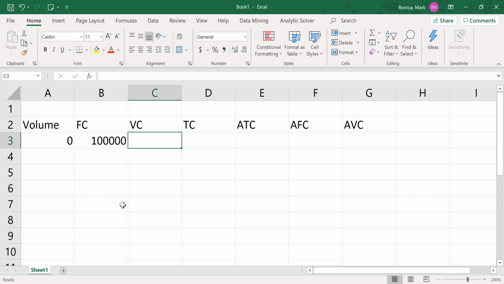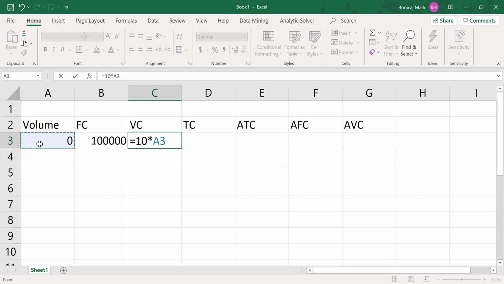The variable cost is directly driven by the number of tests done. For every test, we incur a $10 variable cost. So we're going to say equals 10 times the volume. I'm just programming that into the cell.